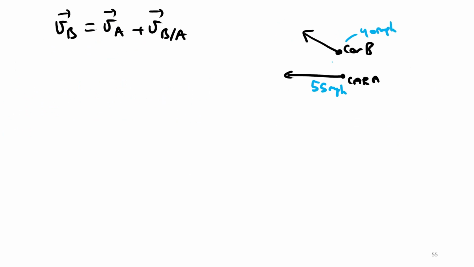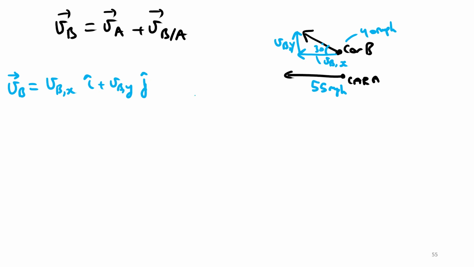And this one has two components, one this way and one that way. The angle here is 30 degrees. You can call these VBx and VBy. The velocity of particle B will be equal to VBx i plus VBy j. These are just unit vectors, i and j are unit vectors.